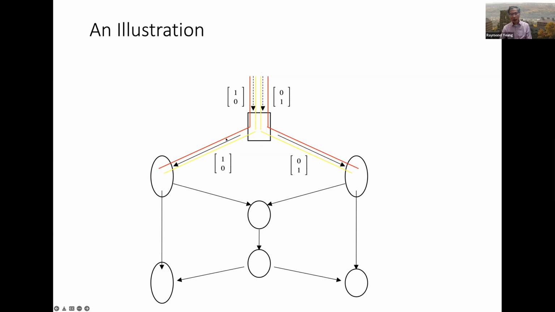And then we check the independence of the flow fronts. We first check the red flow front. So 1, 0 and 0, 1, they're independent. And for the yellow one, 1, 0 and 0, 1, again, they're independent. So you carry on, keep doing it like this.